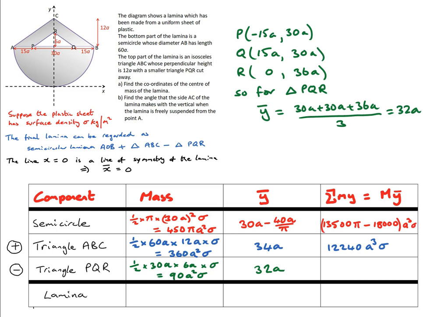So if I do my calculation of the sum of all the little mass components times the corresponding y components of all the elements of triangle PQR, that is going to be the same thing as the mass 90a² sigma times the y-coordinate of the centre of mass of PQR, which is 32a. So that gives me 2,880a³ sigma.